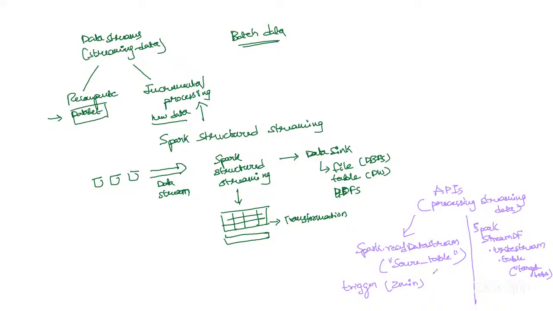Let us say initially you got some 5 rows only in your source table in the first minute. In the second minute, you might have some 10 rows. Suppose the trigger is not given as 2 minutes, the default trigger is 500 milliseconds, right? In the next minute, you might find 15 rows.